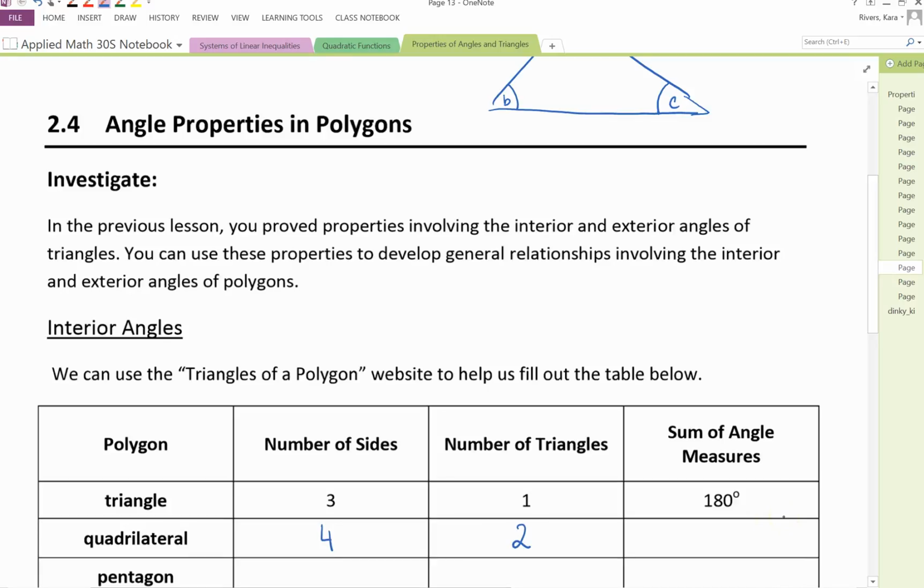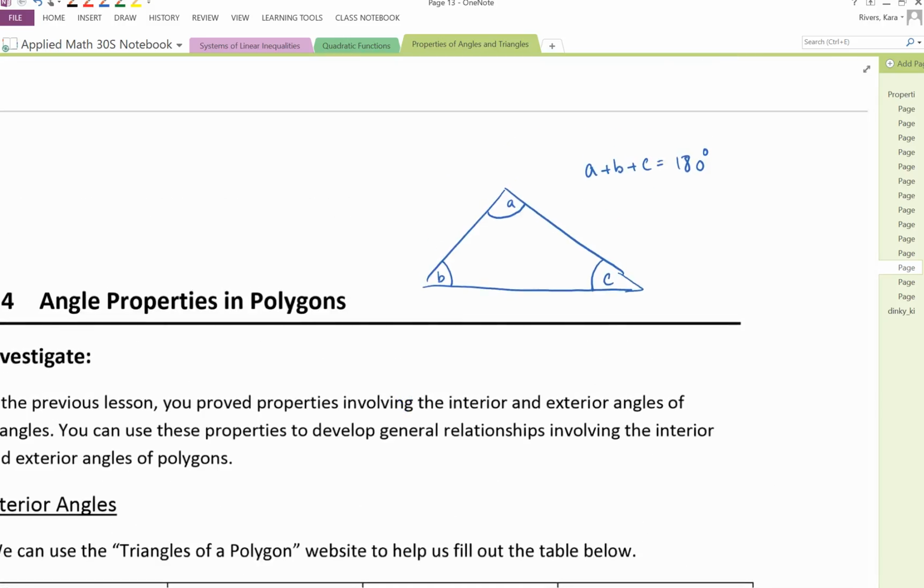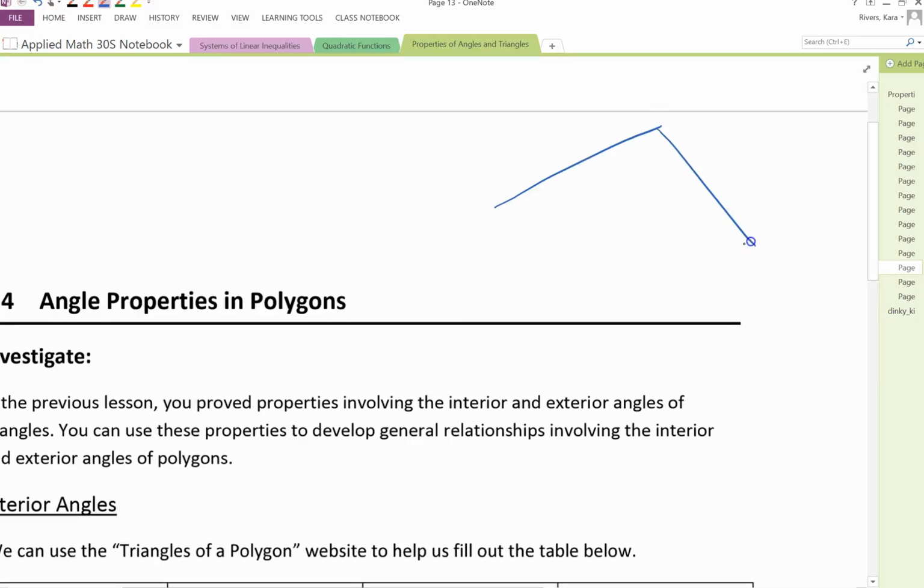Okay, well, I'm going to redraw this up here. So instead of a triangle here with 3 sides, I'm going to have my 4-sided shape. Draw them like we had there. And I'm going to put my triangle A, B, C back in there.